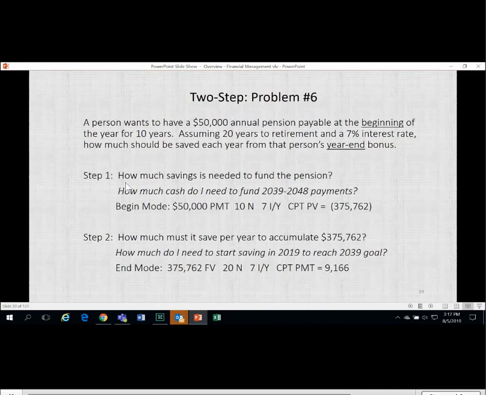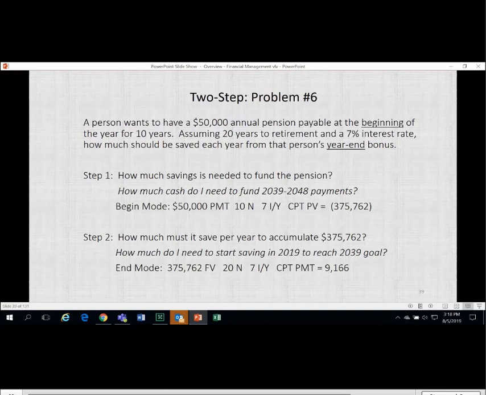Step one is how much savings do we need to fund that pension? How much cash do I need in 2039 that can fund that 50,000 a year from 2039 through 2040? Well, the simplest way not to get confused is just mentally put yourself in a time machine and let's move forward. We're no longer in 2019.